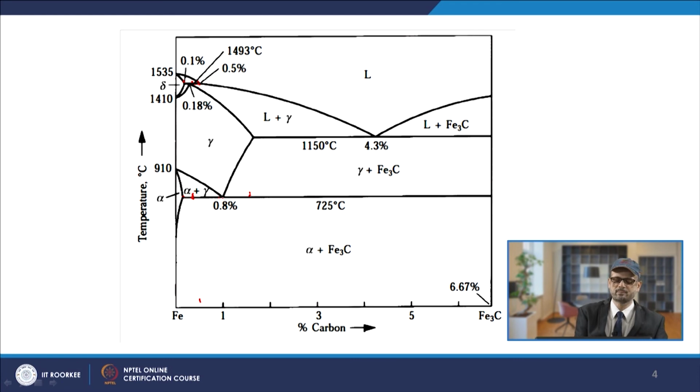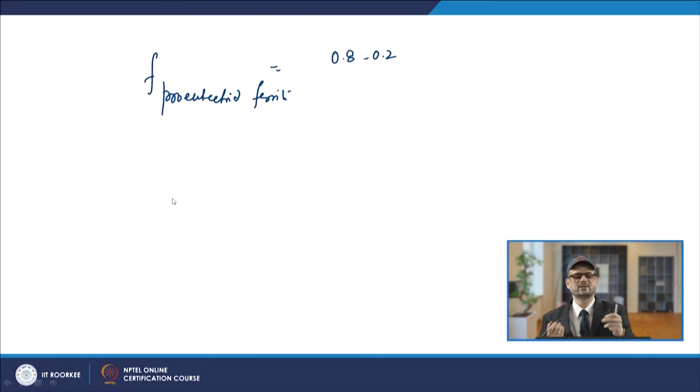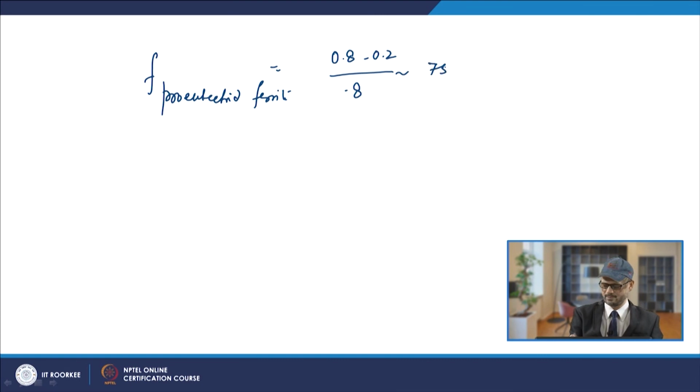Roughly, if you calculate that, it will come close to 75%. This way you will get the pro-eutectoid ferrite formation.